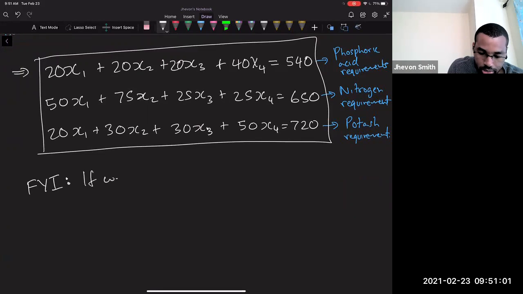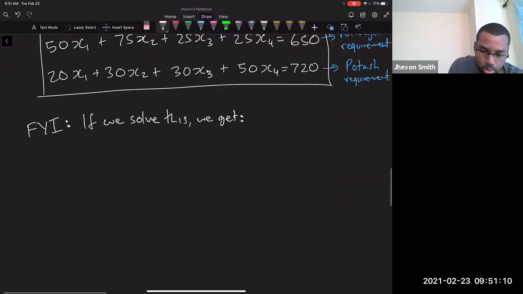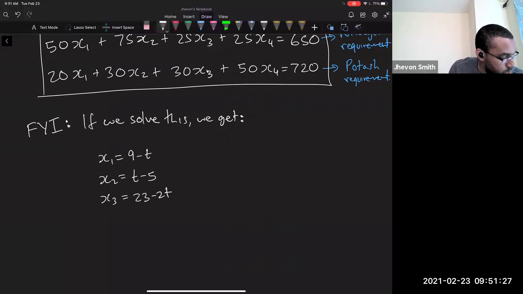If we solve this, you would end up with x1 is 9 minus t, x2 is t minus 5, x3 is 23 minus 2t, x4 is t.